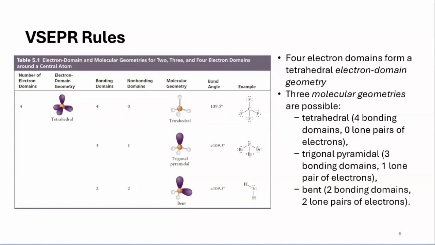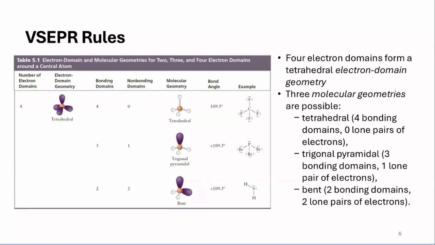Tetrahedral molecules can also have 3 bonded atoms and 1 lone pair on the central atom. When that's the case, the molecular geometry is called trigonal pyramidal. Understand that it still has an electron domain geometry of tetrahedral.